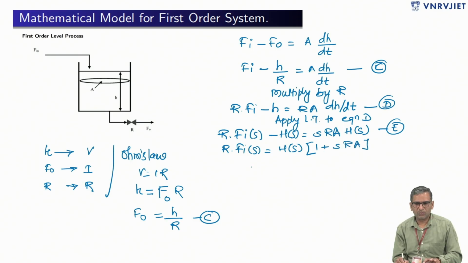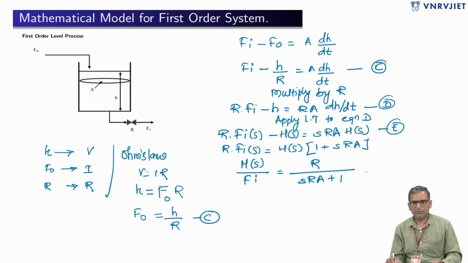Now as we know, our aim is to maintain the water level inside this particular tank. So the output for this tank is the water level or accumulation of water, H of S, and the input is the input flow rate Fi. So H of S divided by Fi of S is equal to R divided by S into RA plus 1.